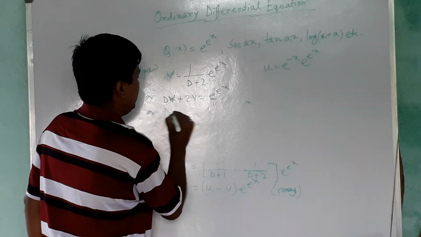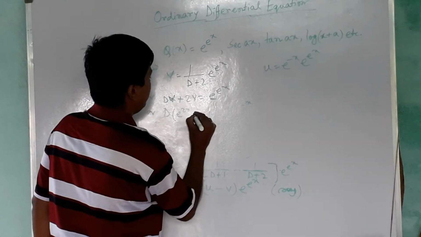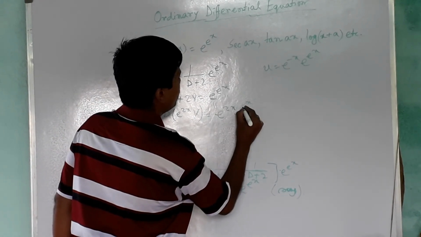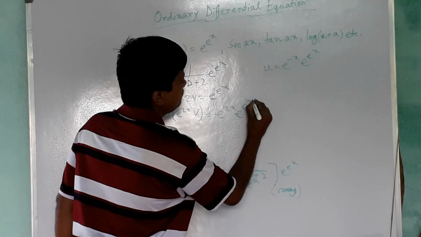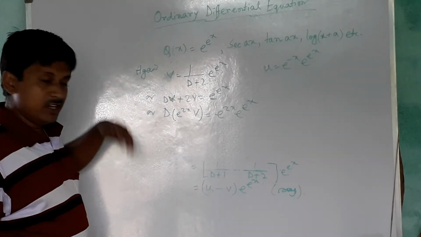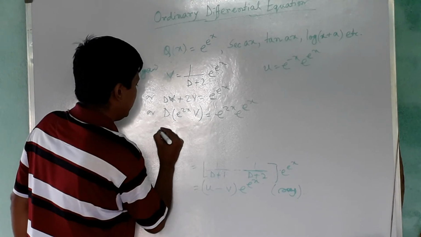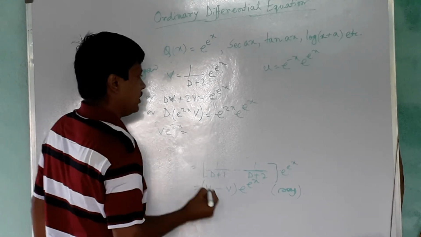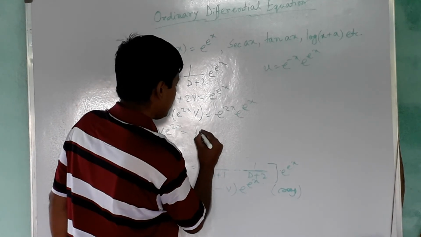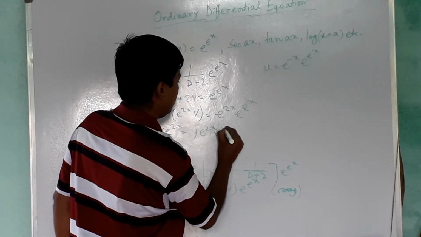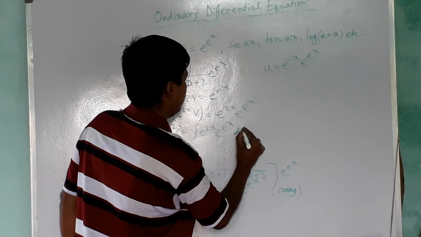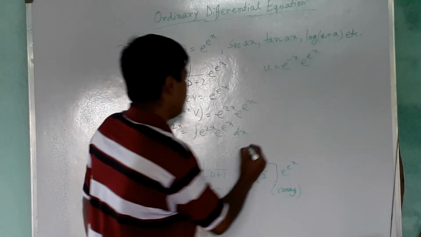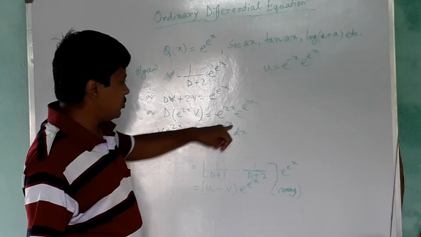So we get d of (e to the power 2x times v) is equal to e to the power 2x times e to the power x. Now integrating, we get v times e to the power 2x is equal to the integral of e to the power 2x times e to the power x dx.